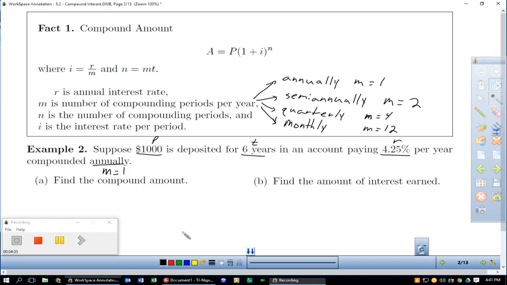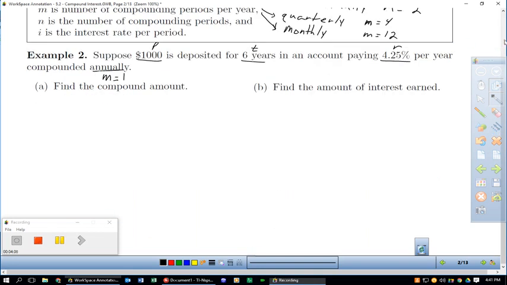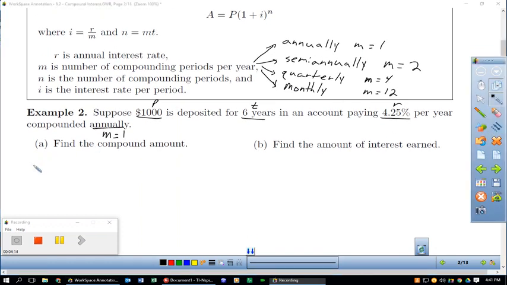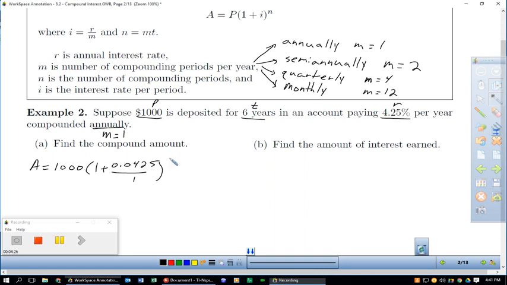To find the compound amount, we are going to take this formula: A equals P times (1 plus R over M), so that's $1,000 times (1 plus 0.0425 divided by 1, since M is 1) to the M times T, which is the 6th power.